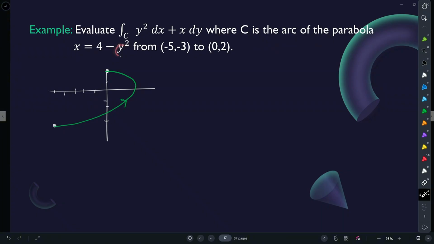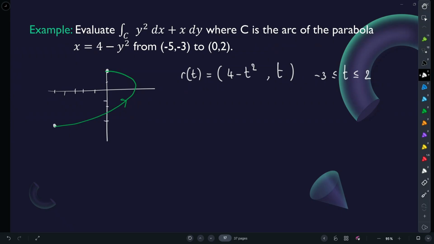And once I know what y is, then this tells me what x is. So my parameterization of this motion is going to be: I parameterize the y coordinate as t between -3 and 2. And once I know that, the x coordinate is 4 minus t squared.